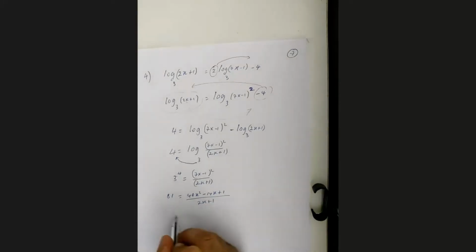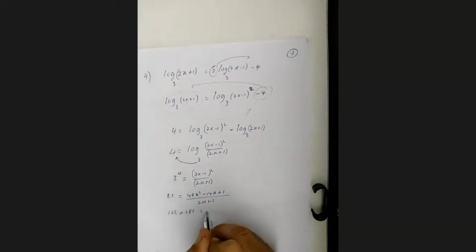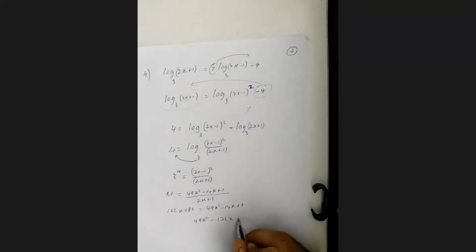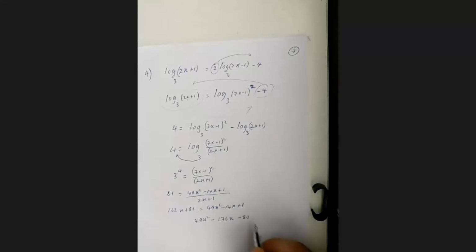So 162x plus 81 is equal to 49x squared minus 14x plus 1. So 49x squared minus 176x minus 80 is equal to 0.